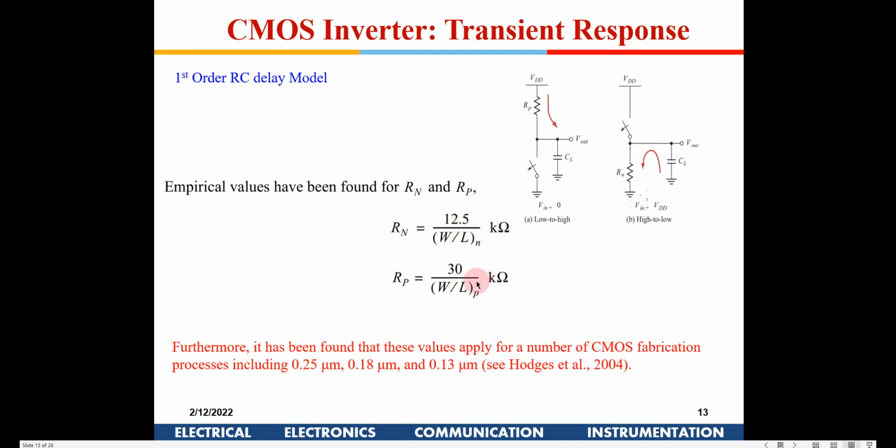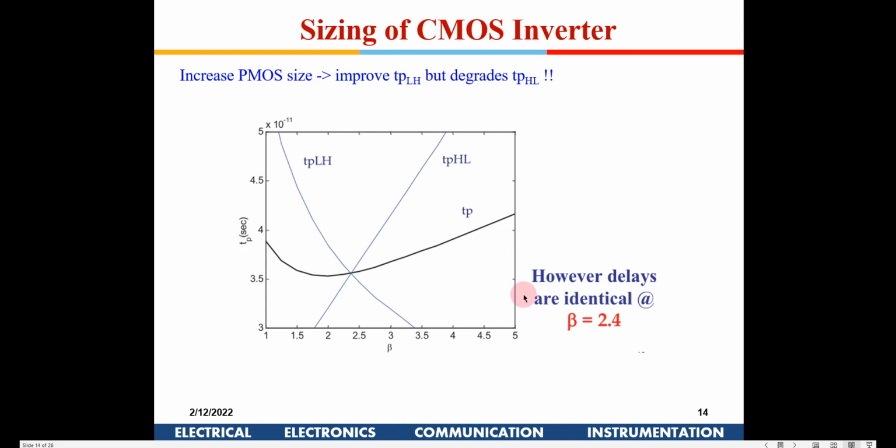Empirical values means these formulas have been derived through experimental observations. So this is the third method of computing the delay. These are the three various methods which you should know, and that is important from your exam point of view also, these three methods.